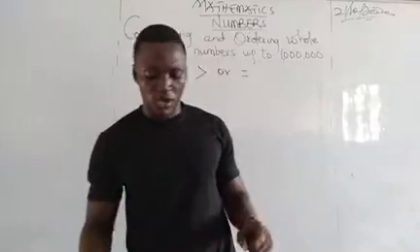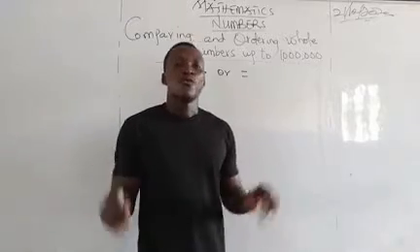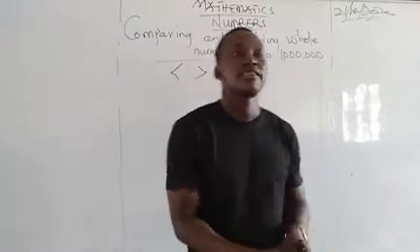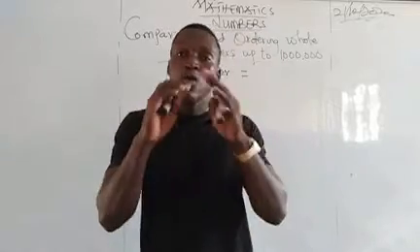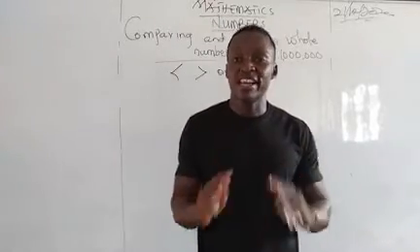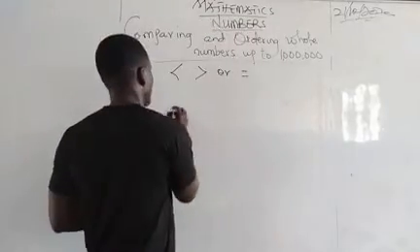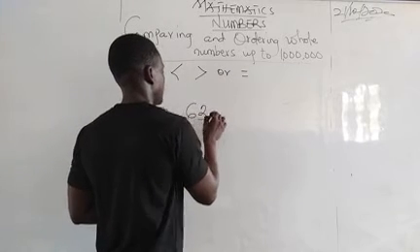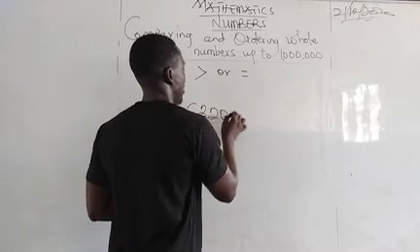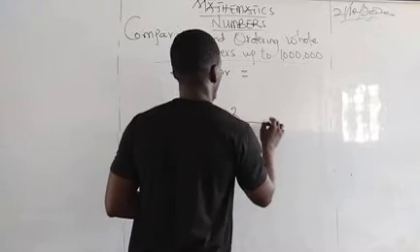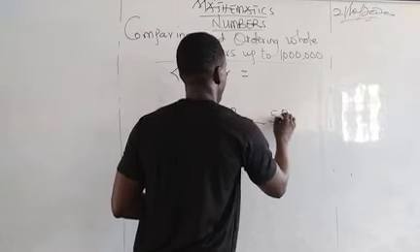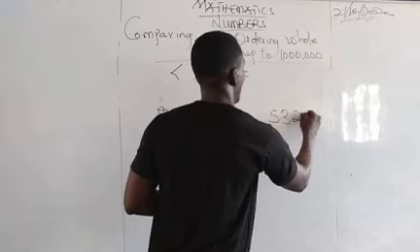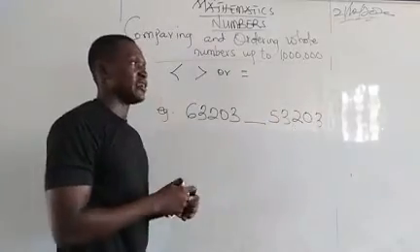The second rule also says that when you count the number of digits each figure has and they are all having the same number of digits, like for example 63203 and 53203.